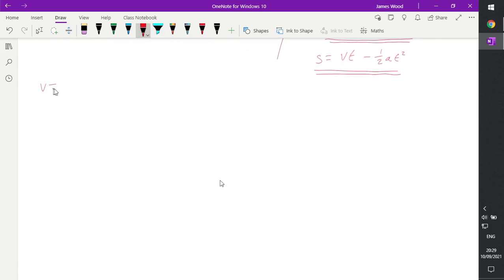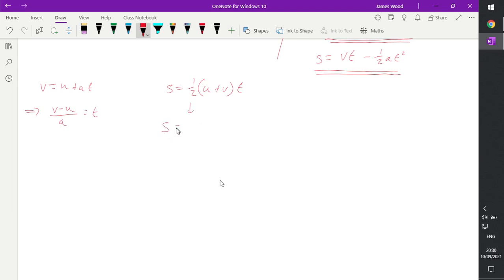So we're going to consider v equals u plus at and s equals half u plus v t. And what I'm going to try and do is basically eliminate t, because I want to get an equation where I don't have to worry about t. So I'm going to rewrite v equals u plus at as v minus u over a equals t. And I'm going to substitute that into here.